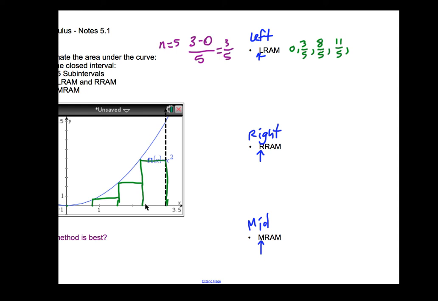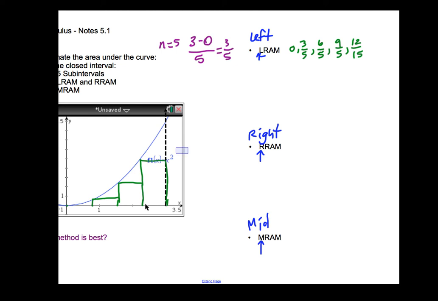Whoa, I did bad. That's terrible math. This should be 6/5. 3/5, 6/5, 9/5. There we go. Here we go, 12/5. Okay, those are the rectangles that we're going to be interested in when we do LRAM.